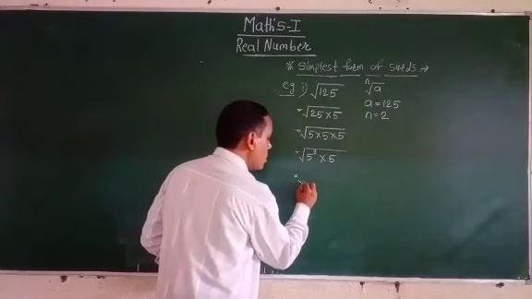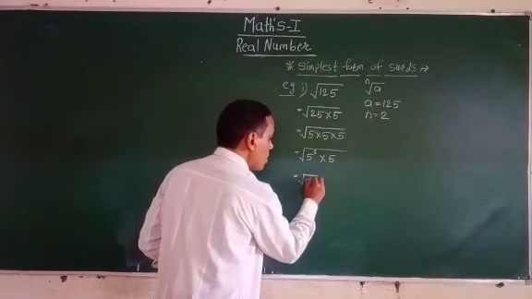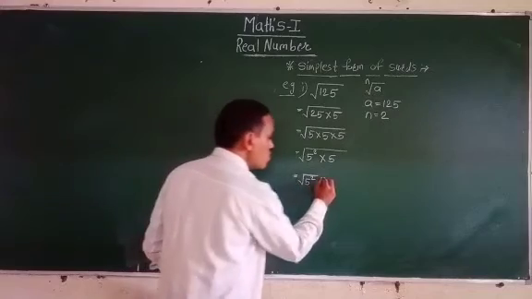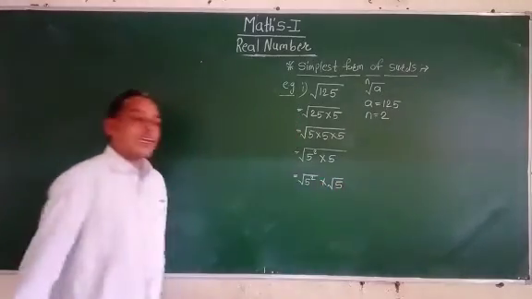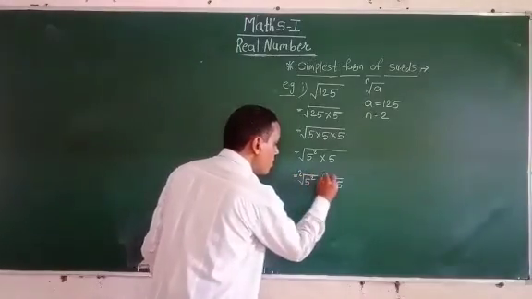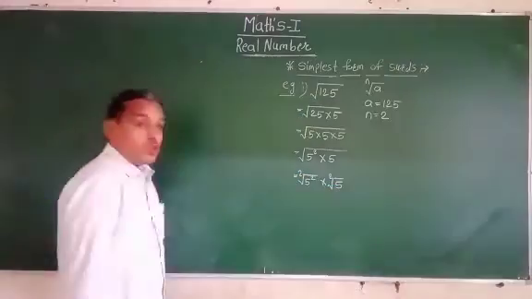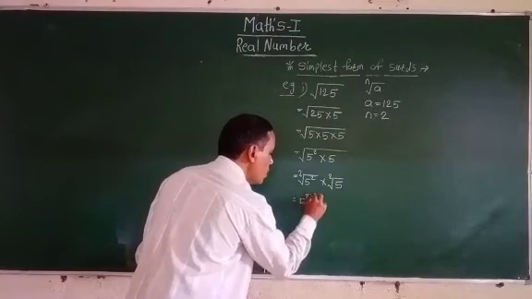Then we separate them in product form. That means 5 raised to 2 into the radical sign, and we write down the 5 again. Each and every time the order is 2.